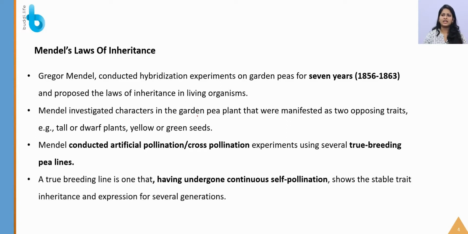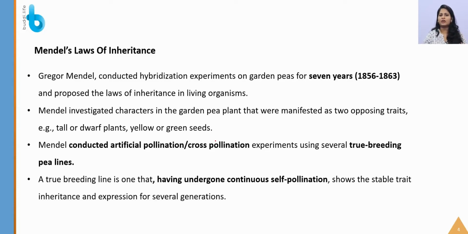Mendel investigated characters in garden pea plant that were manifested as 2 opposite traits, for example, tall and dwarf, yellow and green seeds. He conducted artificial pollination, that is cross pollination experiments, using several true breeding lines. True breeding lines are plants that have undergone self-pollination for several generations and inherit a stable trait.